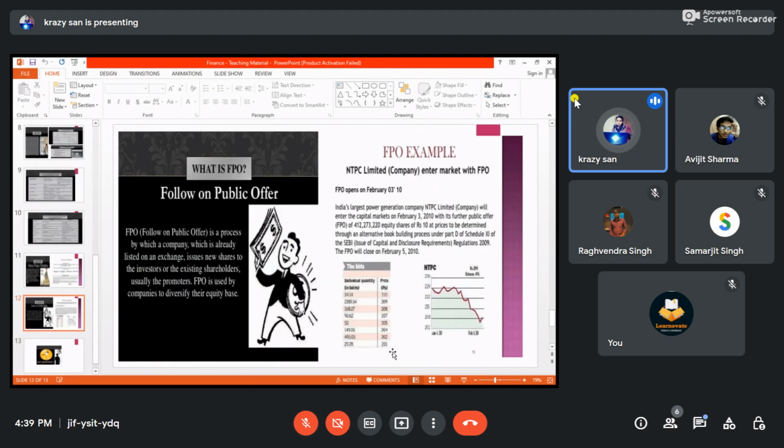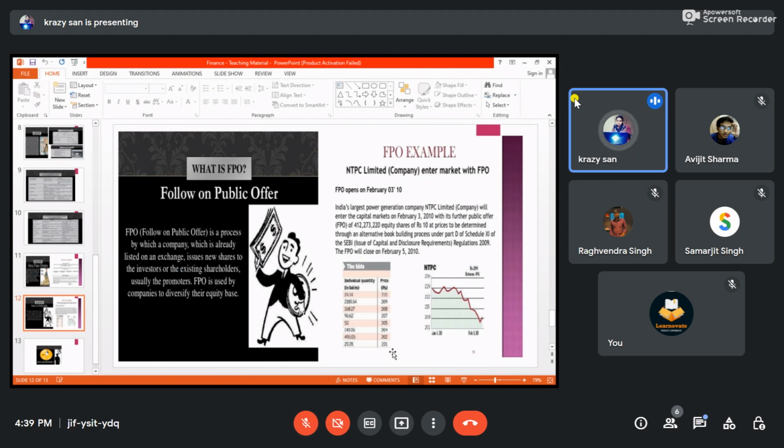Then when the IPO is done and the same company follows it again, the next time is known as a follow on public offer, that is FPO. An FPO is a process by which a company which is already listed on an exchange issues new shares to the investors or the existing shareholders, usually the promoters.